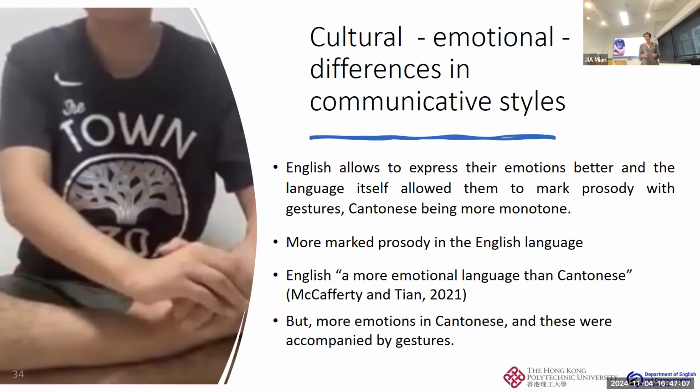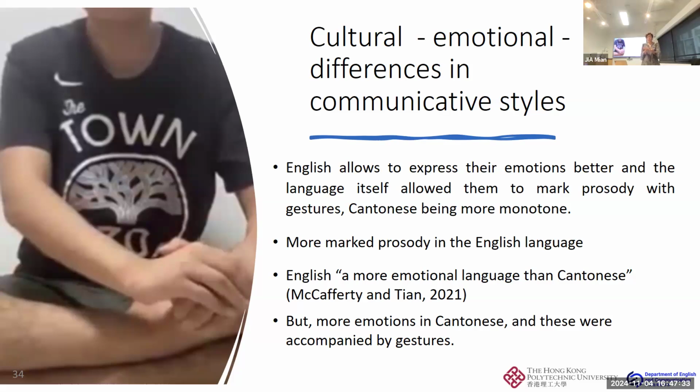But not the end of the story yet, because it turns out that the language itself is also carrying emotional content for these speakers. They believe that English allows them to express their emotions better, and that the language itself allows them to do that.